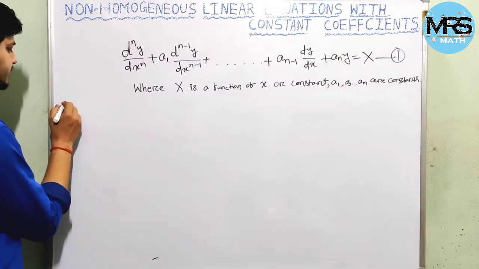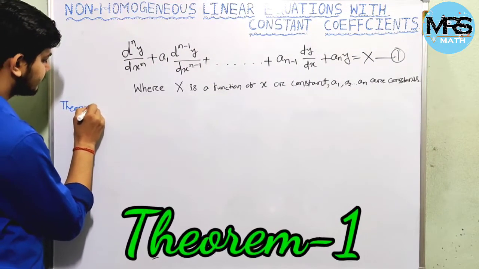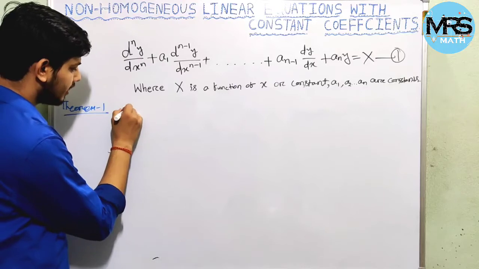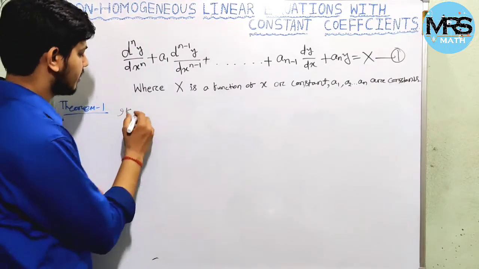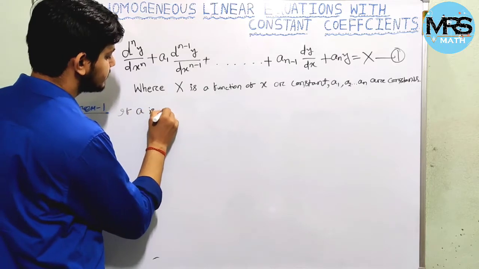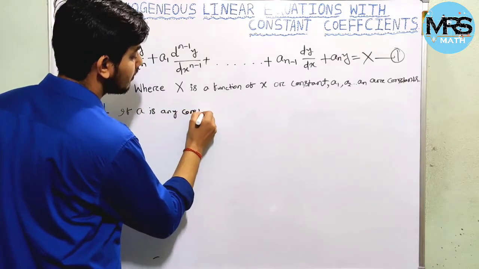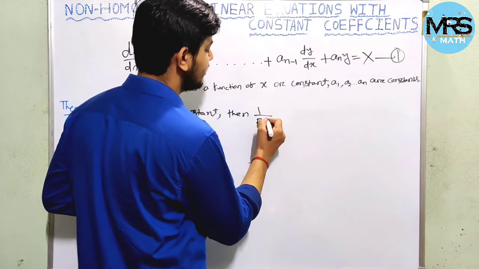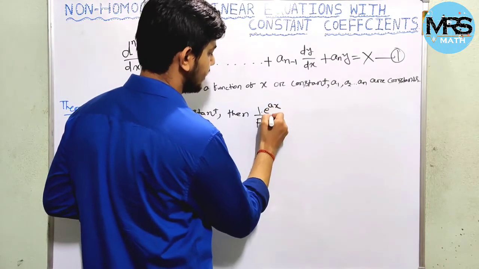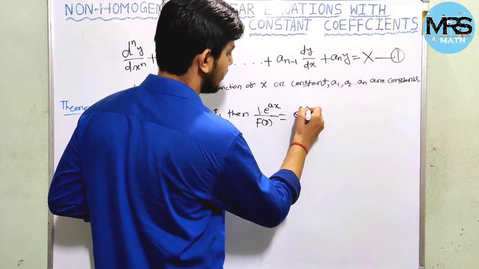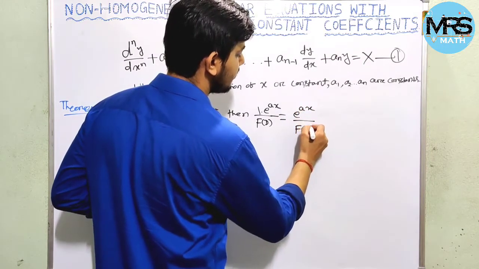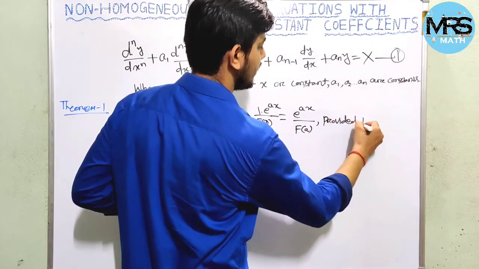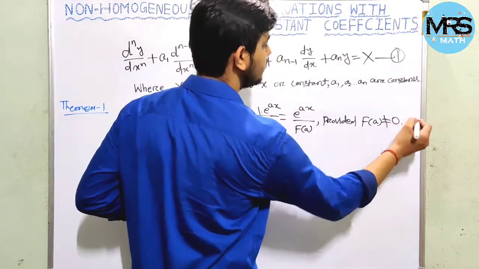So the first theorem, you can take as theorem 1. What it tells: if a is any constant, then 1 over f of d into e to the power ax is equal to e to the power ax by f of a, provided f of a is not equal to 0.